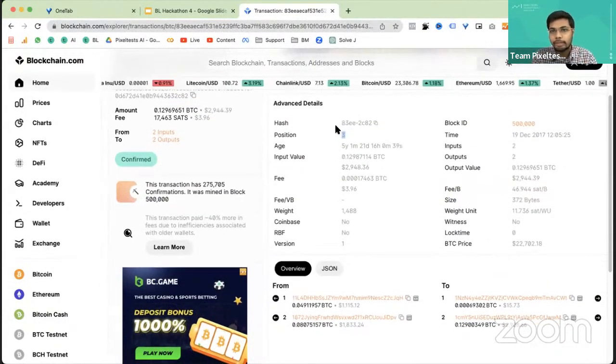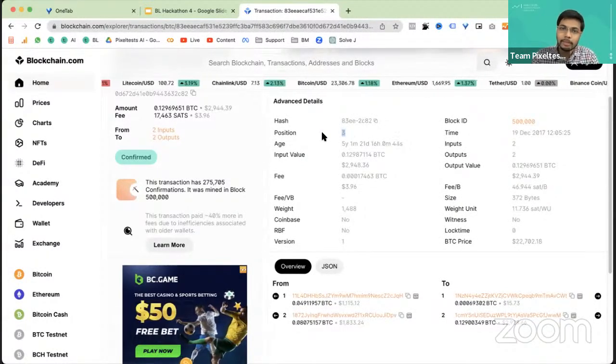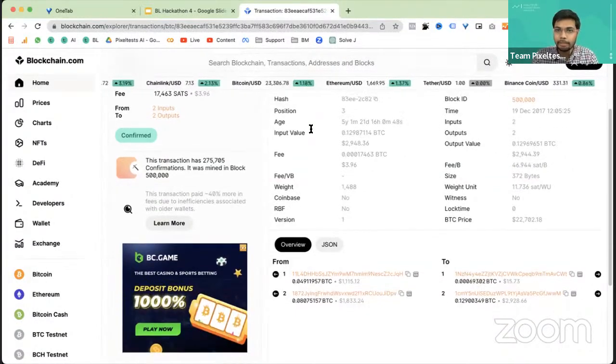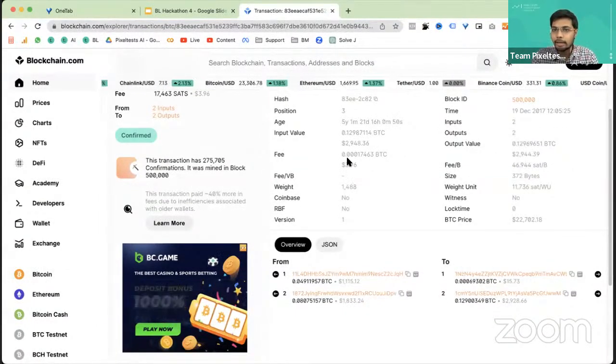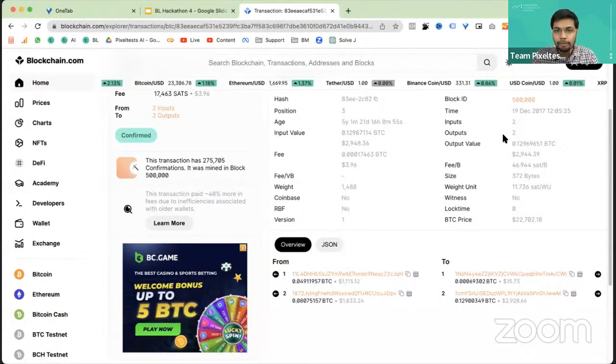In the 5 lakh block, this is the transaction at position 5, or the index, right? So all of these details are here. There are 2 inputs to it and there are 2 outputs, right? So we have understood that.